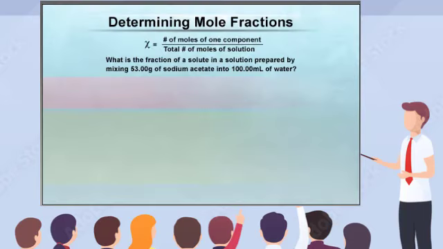Here is a sample of a problem using mole fractions. Find the mole fraction of the solute in a solution prepared by mixing 53 grams of sodium acetate into 100 milliliters of water. Determine the number of moles of sodium acetate and water.